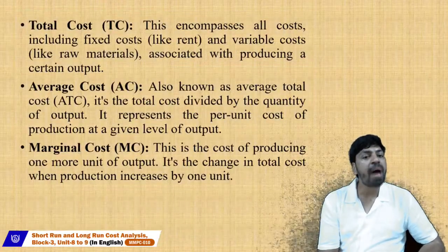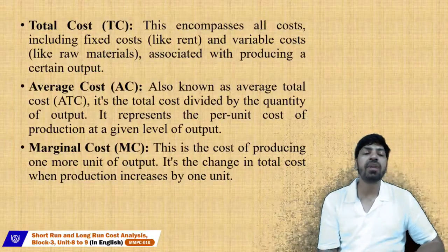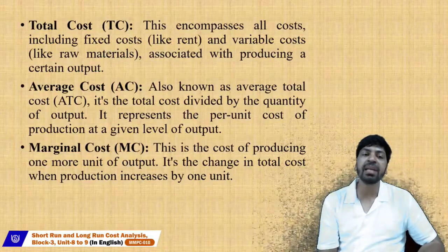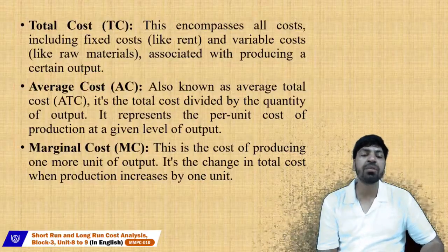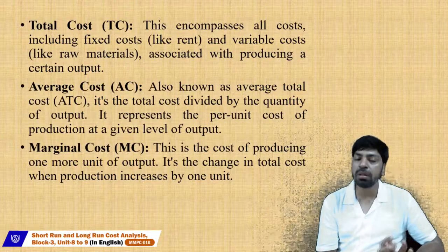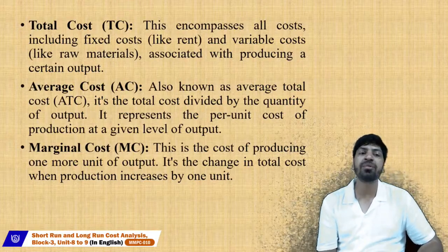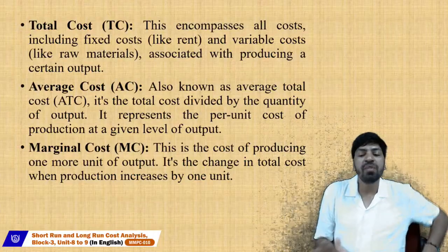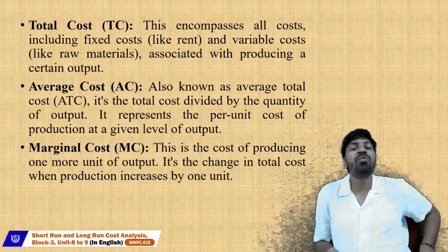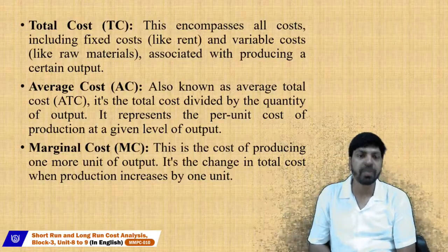Now we can talk about short run costs. The first one is the total cost, the second is the average cost, and the third is the marginal cost. Total cost refers to all costs, including fixed cost and variable cost like rent and raw materials, which deal with producing a certain level of output.